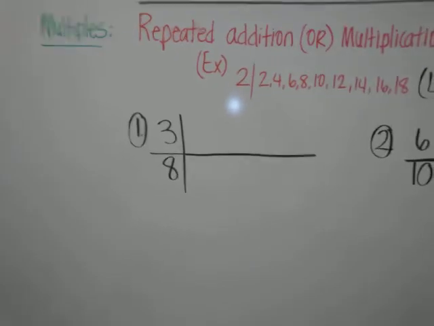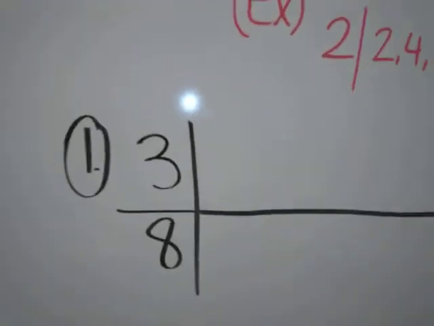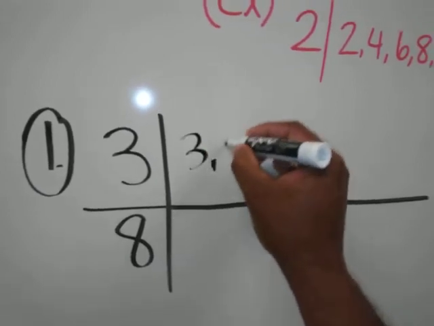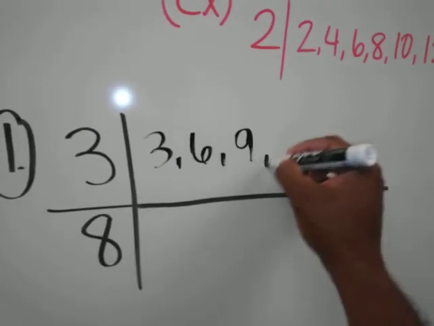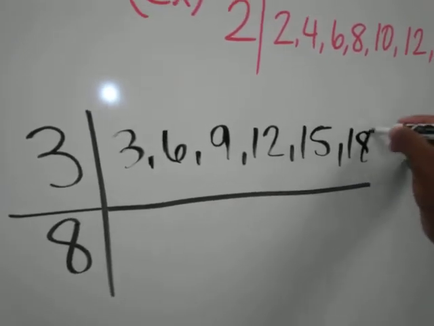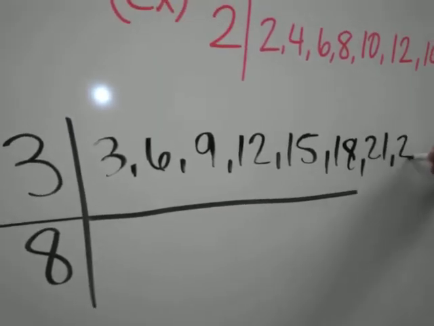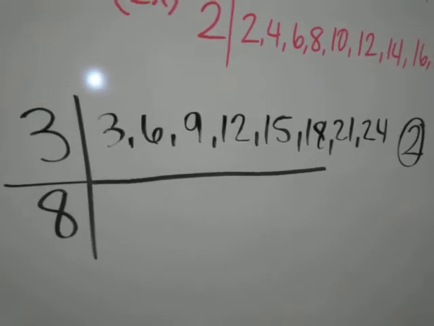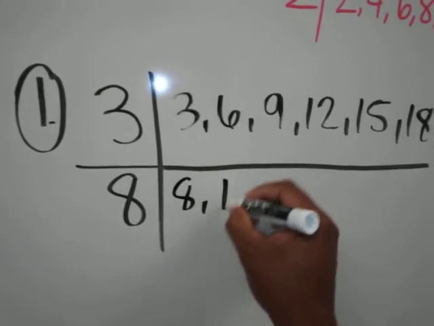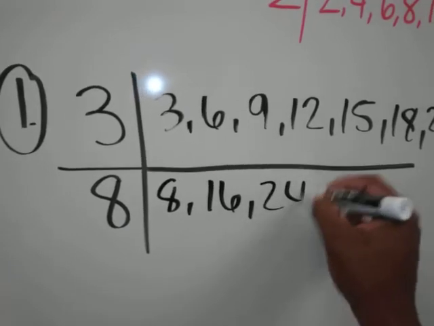All right, let's get into number 1. So let's list the multiples of 3 and 8. All right, I'm just going to start. 3, 6, 9, 12, 15, 18, 21, 24. I'll just stop there, and I'm going to do the same thing for 8 now. 8, 16, 24.